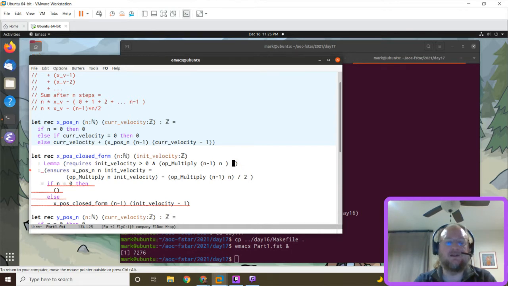So this divided by 2 has to be less than or equal to init velocity.